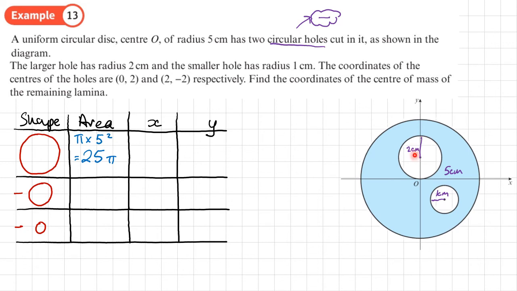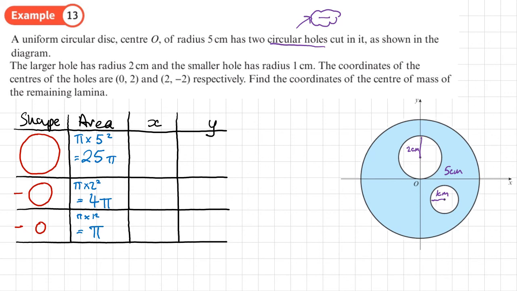The area of this circle here is pi times 2 squared, so we have 4 pi. And then a very small circle, which is also going to be subtracted, is 1 centimeter, so pi times 1 squared, which is just pi.